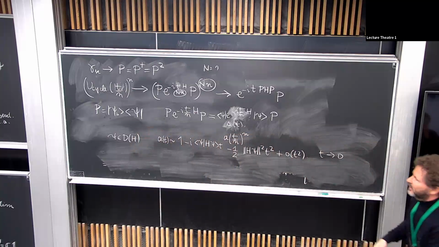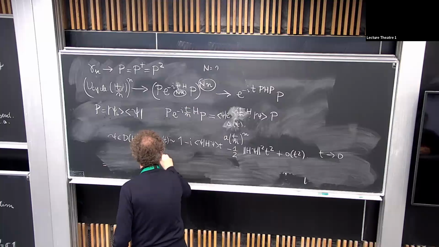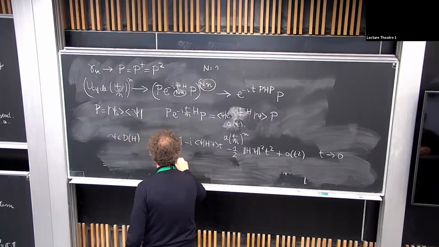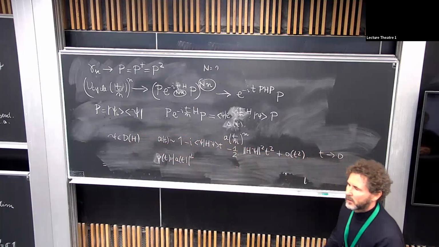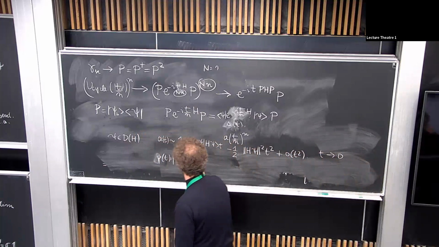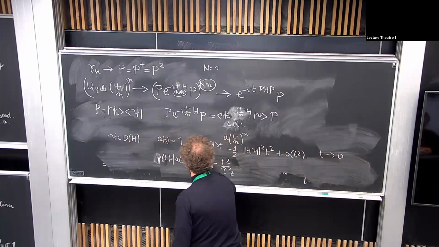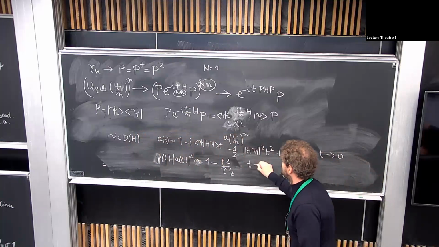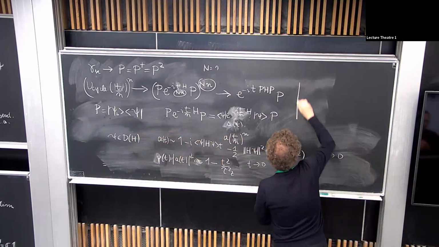Now, essentially, if I look at the survival probability, which is the modulus square of this, it is quadratic. So if the state belongs to the domain of the Hamiltonian, this is quadratic for small time. Essentially, the picture is the following.